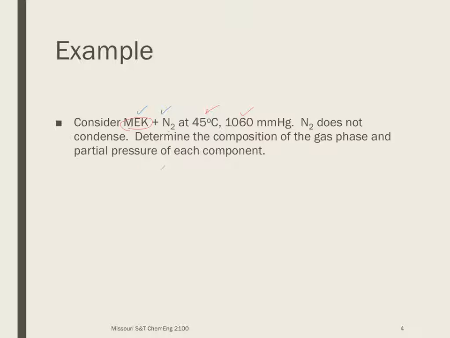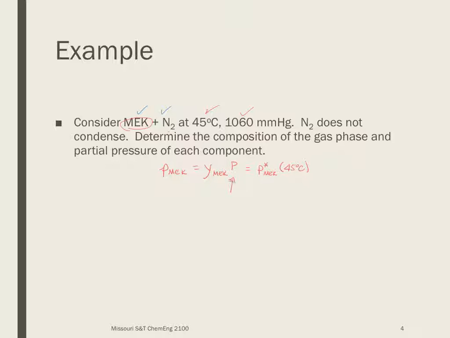So it says that the partial pressure of MEK, which we know to be the mole fraction of MEK times the total pressure, is going to equal the saturation pressure, the vapor pressure of MEK at the system temperature, which in this case is 45 degrees C.